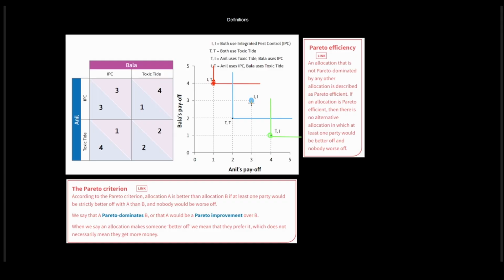And you're like, Keith, why didn't you draw any lines coming off of II? Well, I could. There's just absolutely nothing up to the right, because II has Pareto dominated TT. So we would prefer that one.